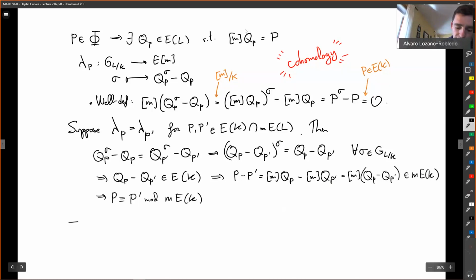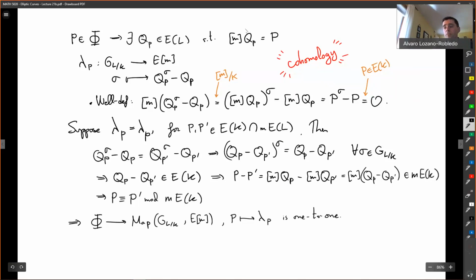So what I get is a map from phi to maps as sets from GLK down to EM that sends P to lambda P that is 1 to 1. Okay, but you see this is finite because it's a Galois extension.